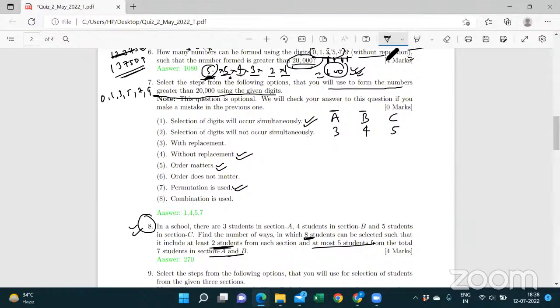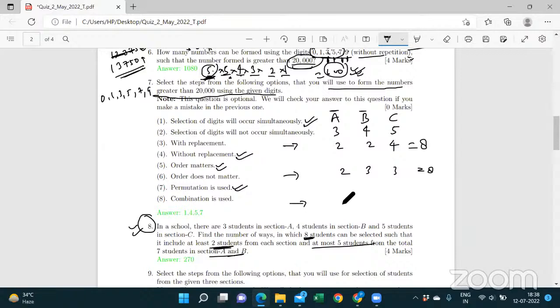So the first possibility is we can choose 2, 2, 4. That means the total will be 8. At least 2 means it should be 2, greater than or equal to 2, so it can be greater than 2 also. Second should be 2, 3, 3. Again it becomes 8.